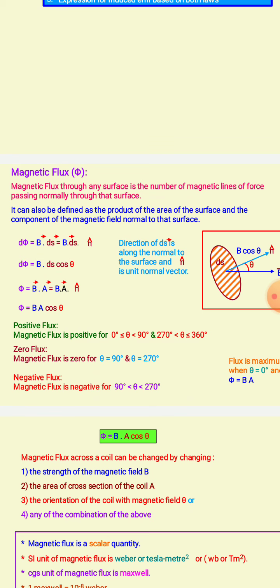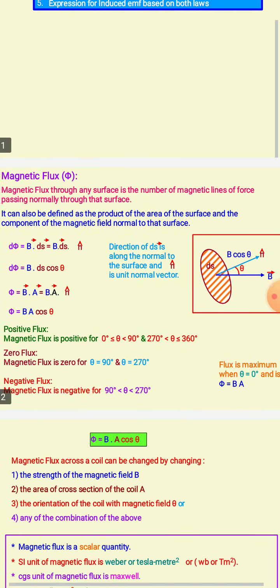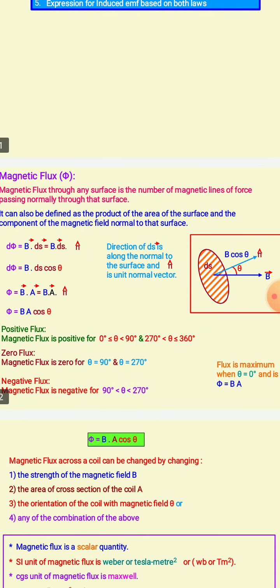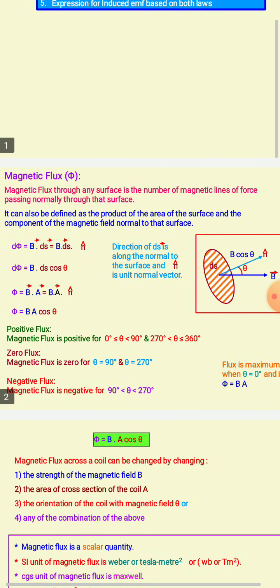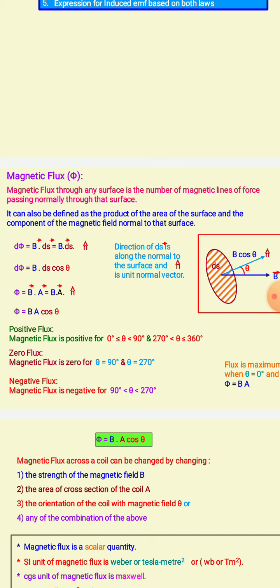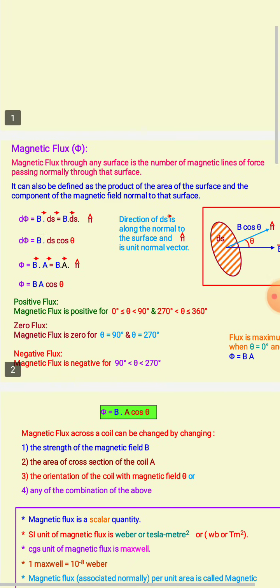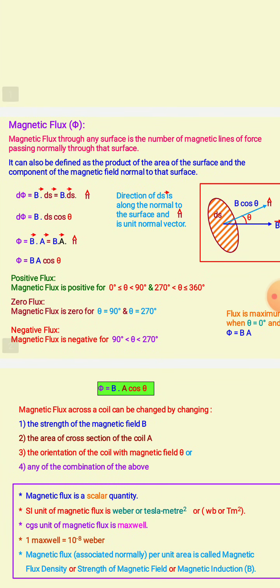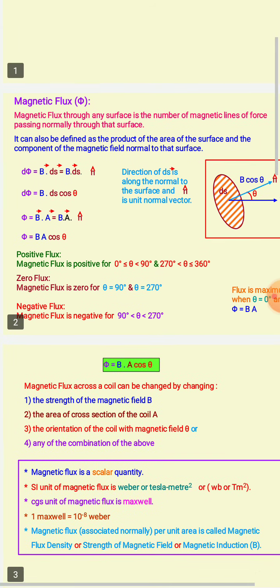So, if we have a small area dS and the magnetic field represented by B, and the area vector represented by n cap, the small amount of magnetic flux through this surface, dφ, will be vector B dot vector dS, which can be written as B dS cos θ, where θ is the angle between the magnetic field and the area vector.